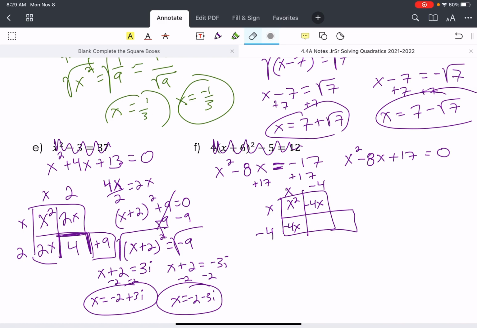So to find the area of this, I do negative 4 times negative 4, which is what? What's negative 4 times negative 4? Okay, but what do I want it to be? Add 1. So x minus 4 squared plus 1.